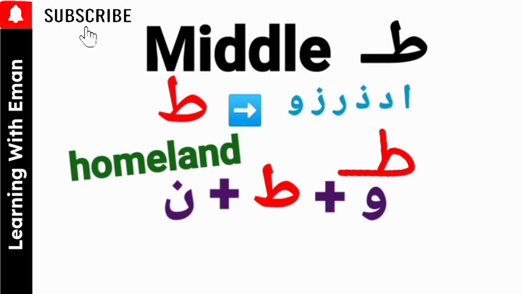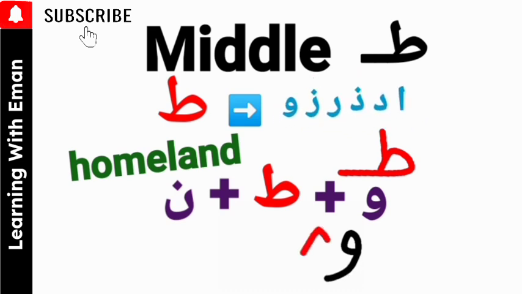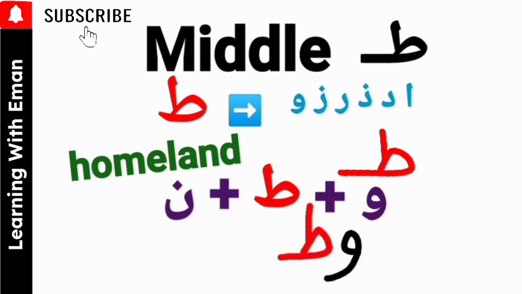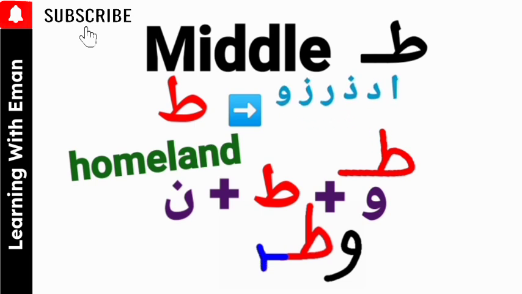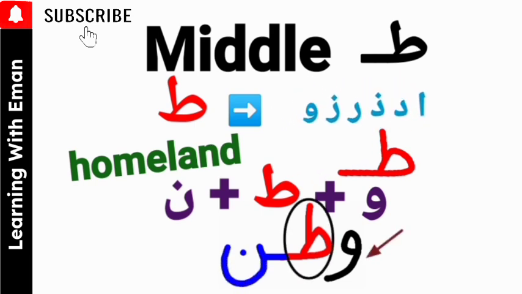Now let's join these letters together. و، ط، ني. وطن.